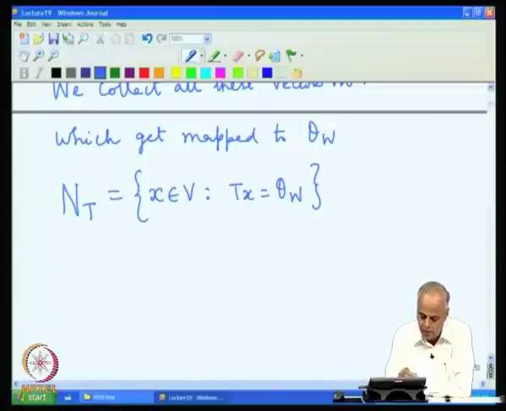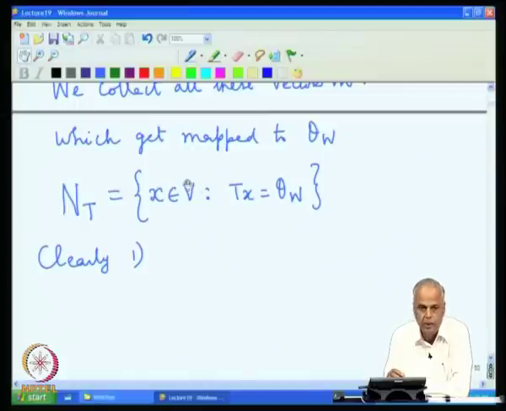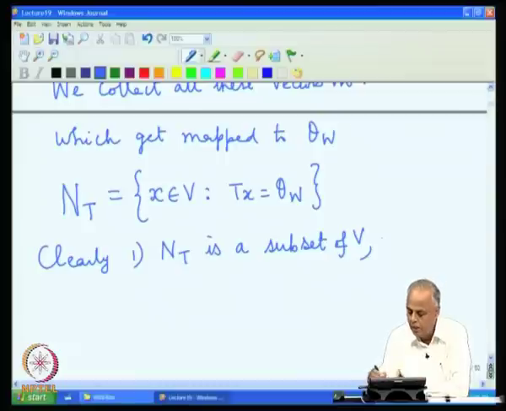Now, clearly the first thing we observe is that NT is a collection of vectors from V having a certain specific property. Therefore, NT is a subset of V. And the second trivial thing that we know is that the 0 vector of V is certainly in NT, because the 0 vector gets mapped to the 0 vector.